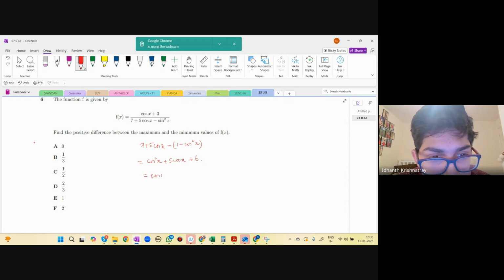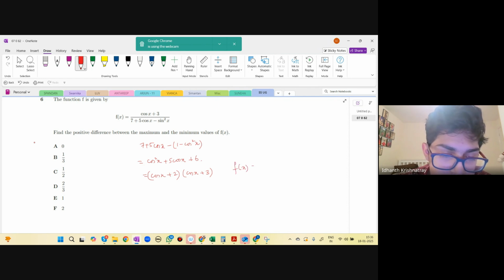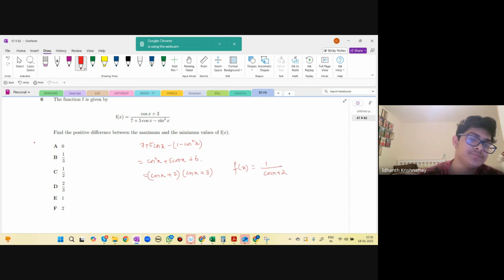So this is cos x plus 2 into cos x plus 3. Now the cos x plus 3 cancel out, so therefore f(x) will be simply 1 by cos x plus 2.